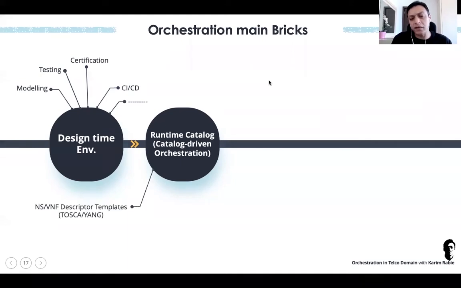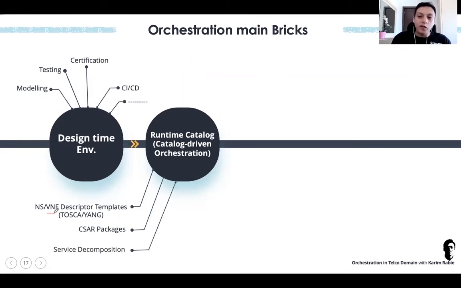So the catalog will have the descriptors that describe the service or describe the VNFs. For example, in the NFV domain, we have the NS network service and VNF descriptors based on TOSCA or YANG. TOSCA is the most adopted. We have the CSAR packages, like the packaging of the VNF or the packaging of the network services.